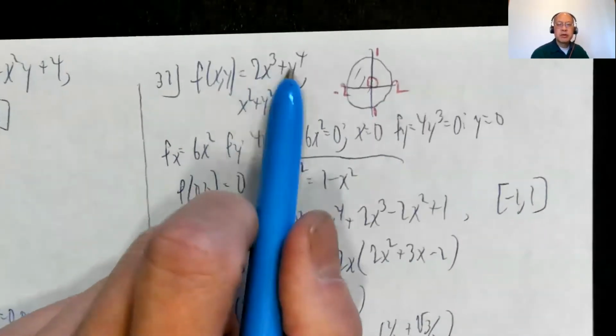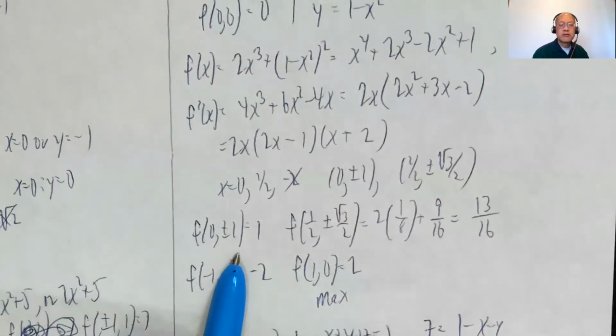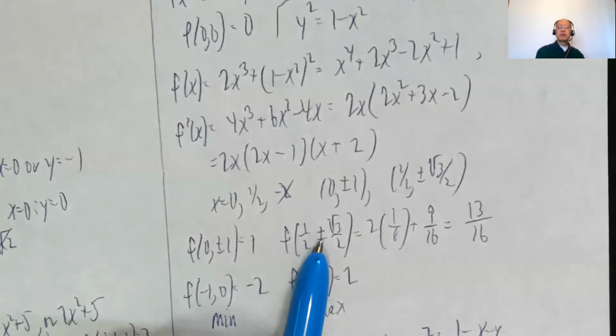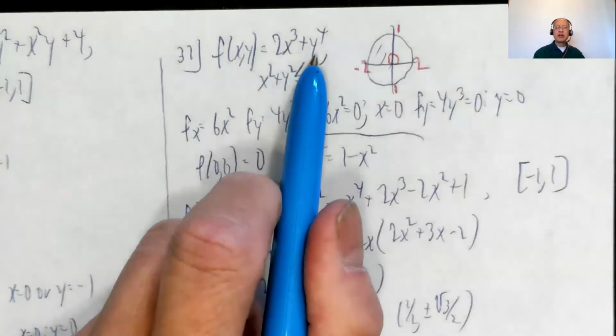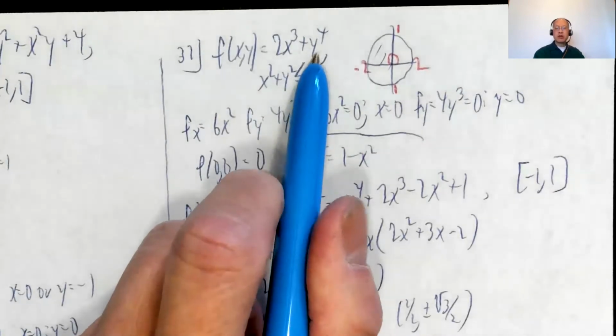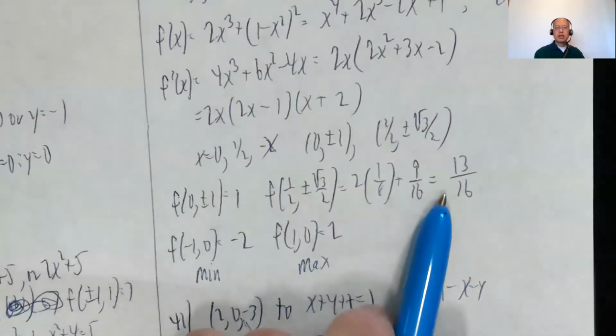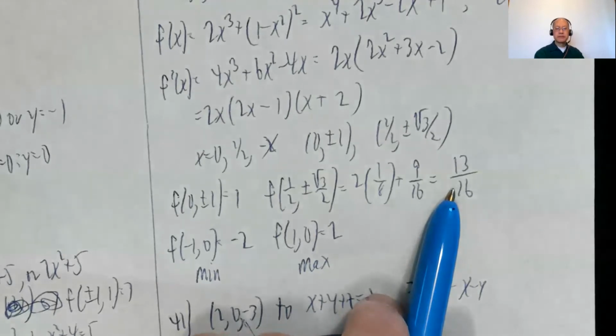Okay, so at 0, plus or minus 1, the function value is 1. Plugging in 1/2 comma plus or minus radical 3 over 2 is a little bit tricky. So put a half right here, either positive or negative radical 3 over 2 here, grind it out, it comes out to be 13/16.